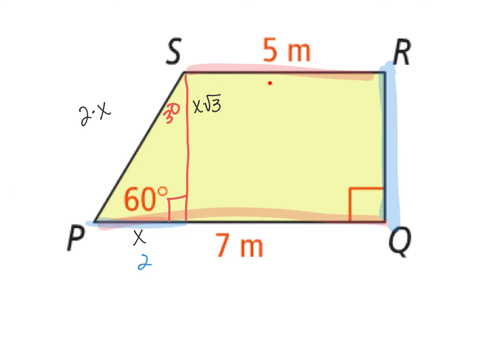So I got to do that 7 minus the 5 piece, and I get 2. Okay, so now I'm ready to do the rest of it. So this would be 2 times my x, which would be 2. So then that piece is 4. And then this other piece is 4 times the square root of 3.